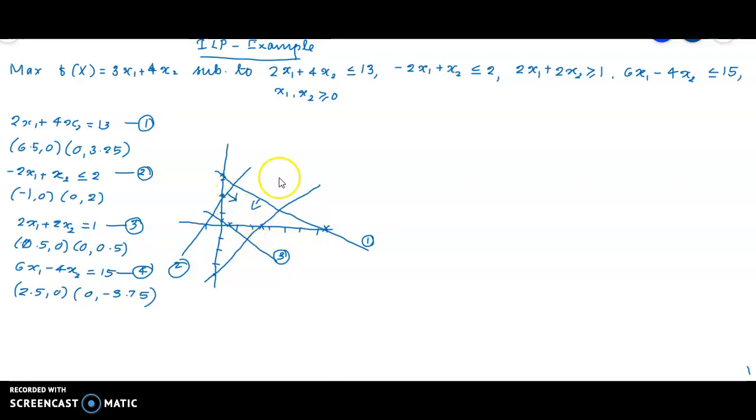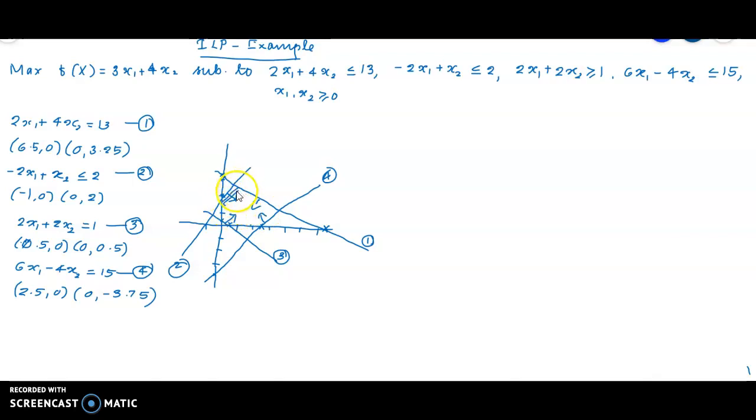For the third line, 2x1 plus 2x2 greater than or equal to 1, substituting 0, 0 greater than or equal to 1 is false, so the region not containing the origin. Fourth line, 6x1 minus 4x2 less than or equal to 15, 0 less than or equal to 15. This is the fourth line, and the region containing 0 means this one.